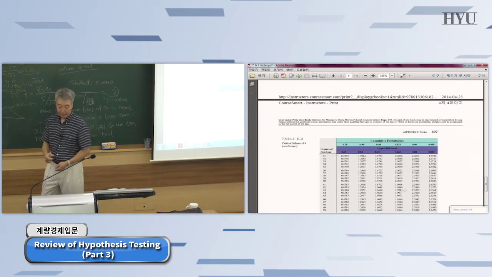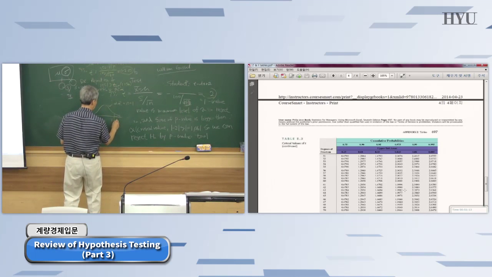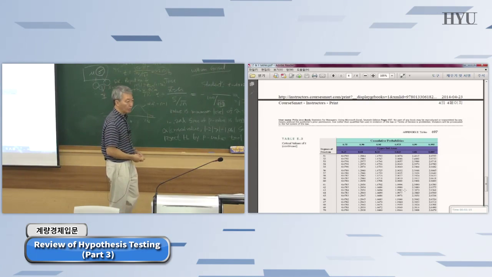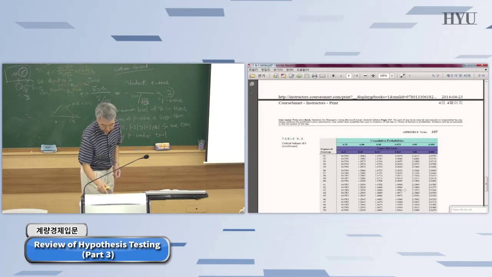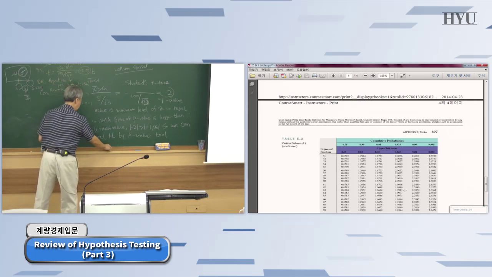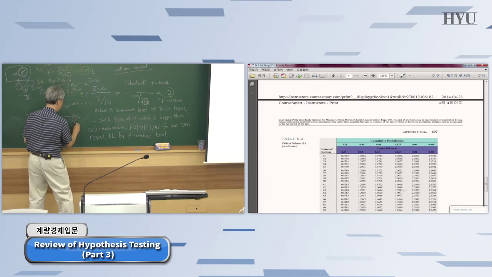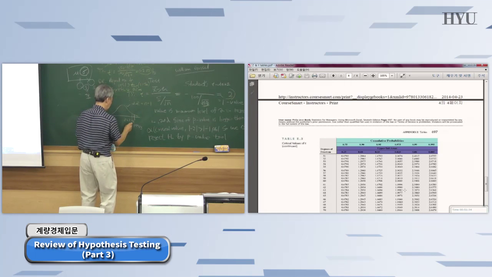But when you're running the t-test, your critical value would be 1.9983, so a little bit outside. So that's the z, and this is t.